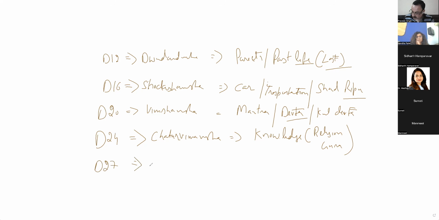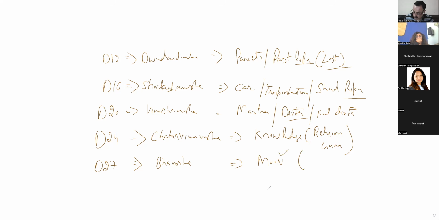D27 chart is also known as the Bhamsha chart. Now, in D27, the only planet and the most important planet that you have to look at in the Bhamsha chart is the moon. This will represent your mental abilities, कि आपकी psychological strength कितनी है.